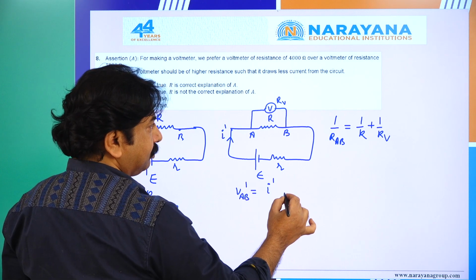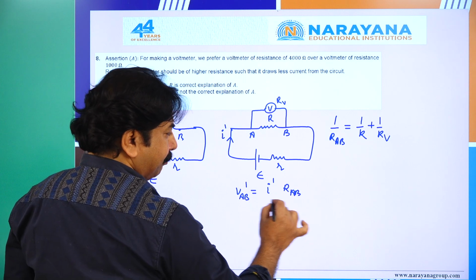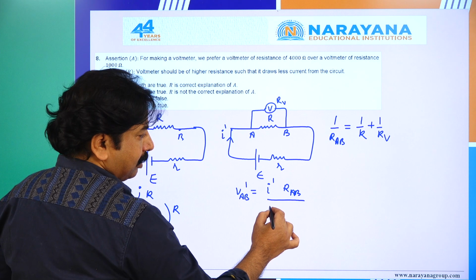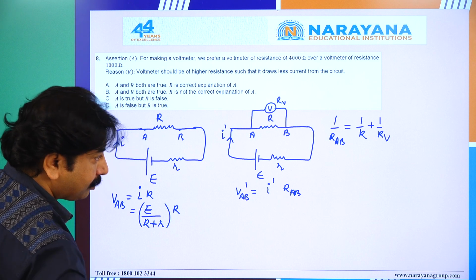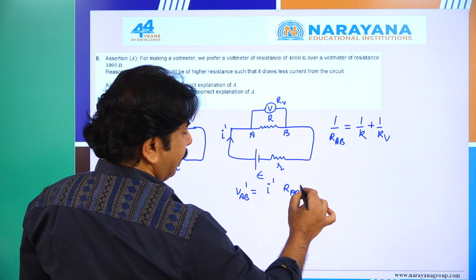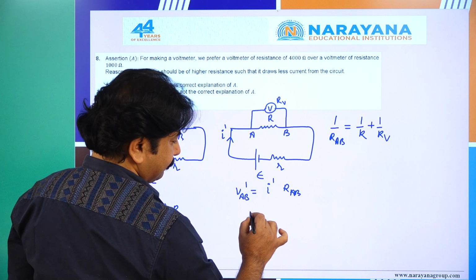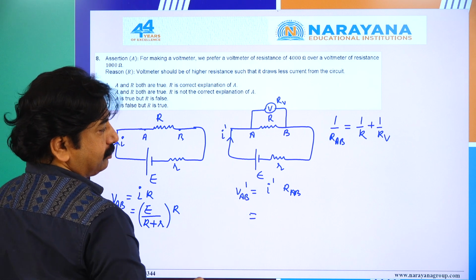It is I dash into R across AB. But what is I dash? I dash is nothing but the new current flowing through this one.